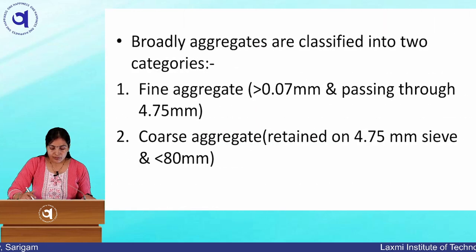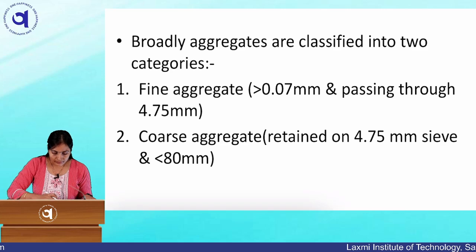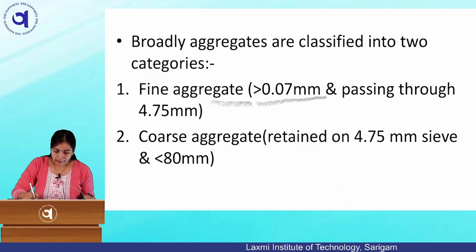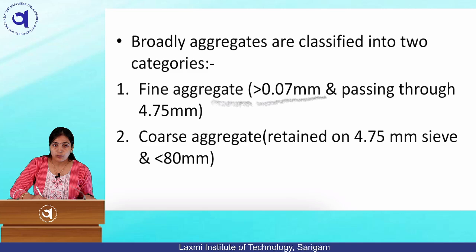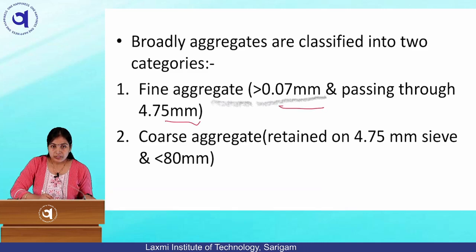Now, classification based on the size of the aggregate. We have two types of aggregate. Fine aggregate varies from 75 micron to 4.75 mm, meaning it passes through 4.75 mm.